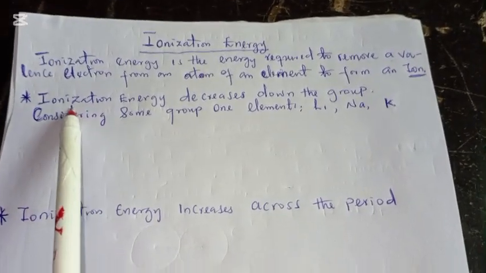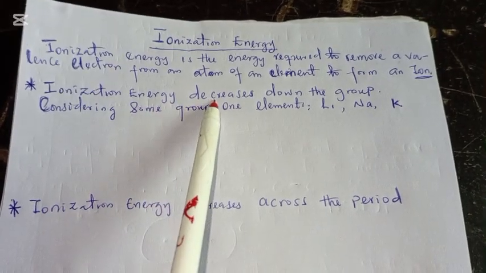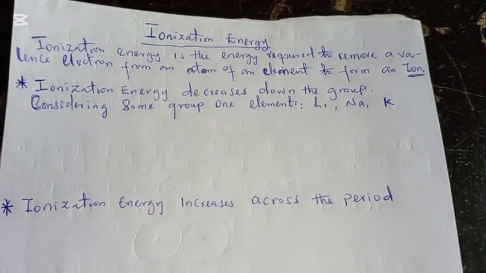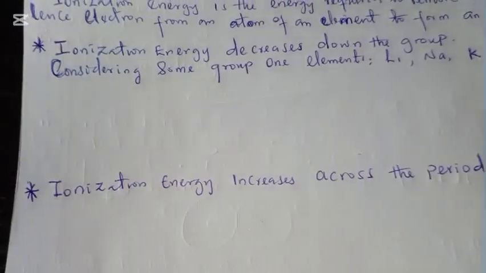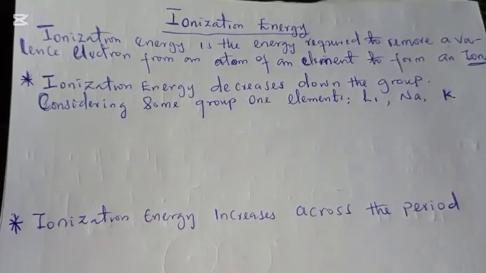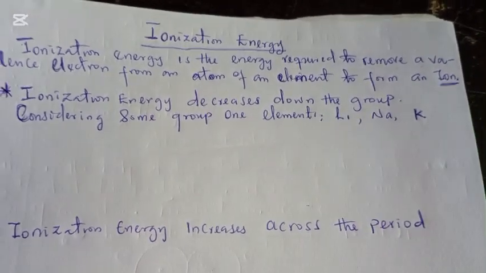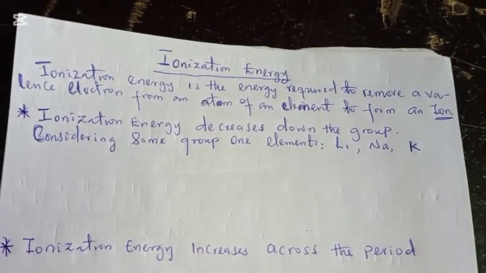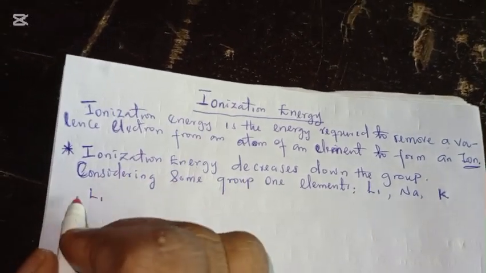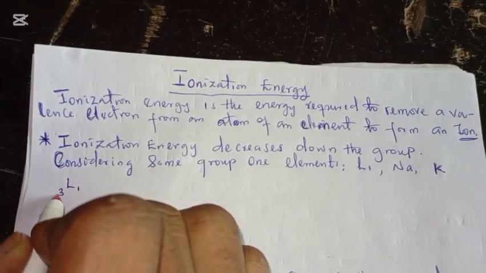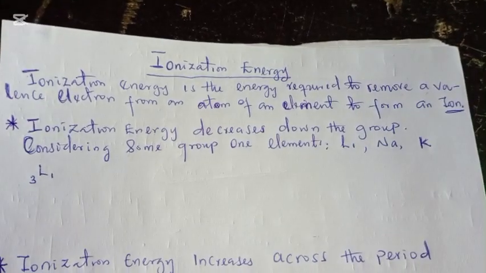It is an established fact that ionization energy of elements decreases down the group. Now, for us to understand why, let us consider some group 1 elements such as lithium, sodium, and potassium respectively. These are just samples. Lithium has atomic number of 3, which indicates the number of protons present in lithium.